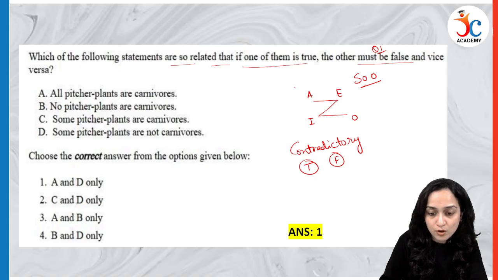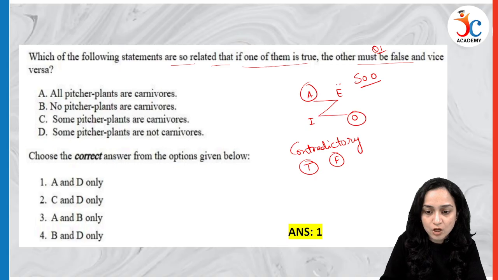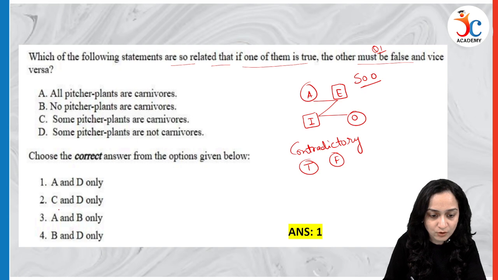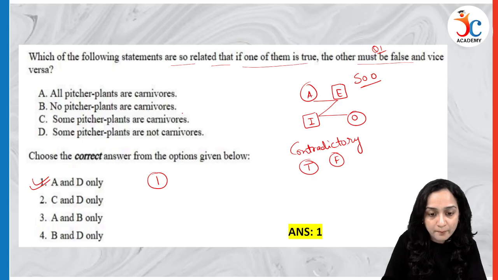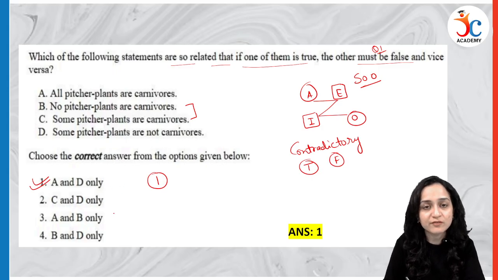So all and some not, they are contradictory in nature. No and some statements, they are contradictory in nature. So all and some not, option number A and D, that is option number 1. It will be the correct answer. B and C is also a correct statement. They are also contradictory statements, but B and C is not given in the option.